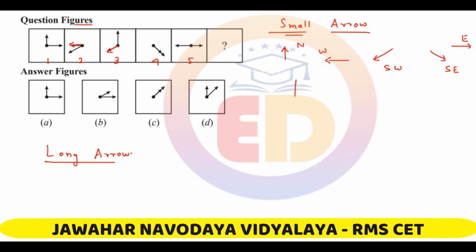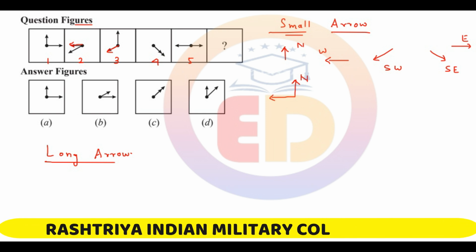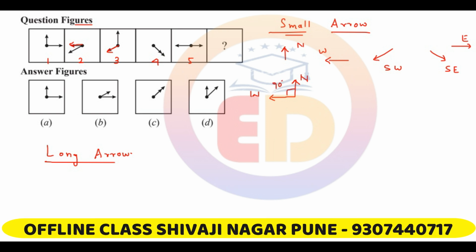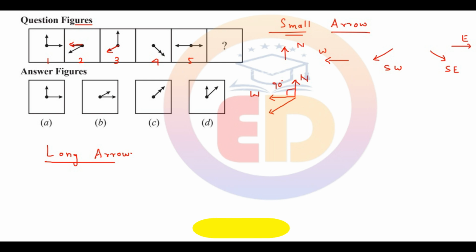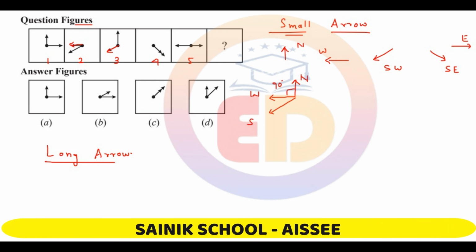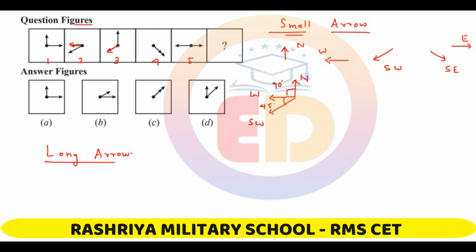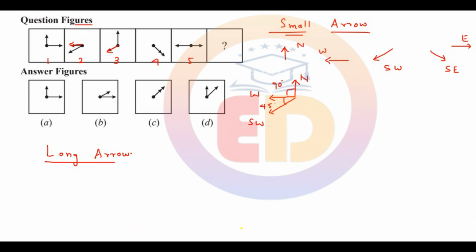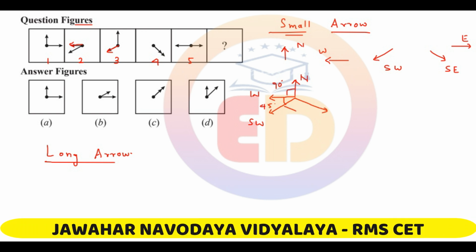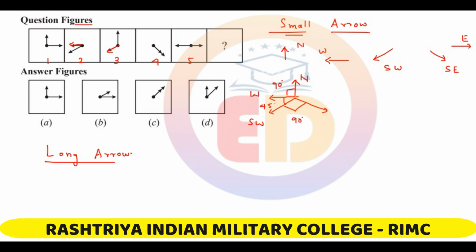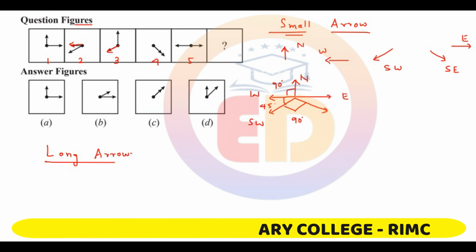First, it is pointing north, then it comes to west. North to west is a movement of 90 degrees. In the third shape, it came to southwest, which is a movement of 45 degrees. In the fourth shape, it went to southeast, which is a movement of 90 degrees. And in the fifth shape, it came to east, which is a movement of 45 degrees.